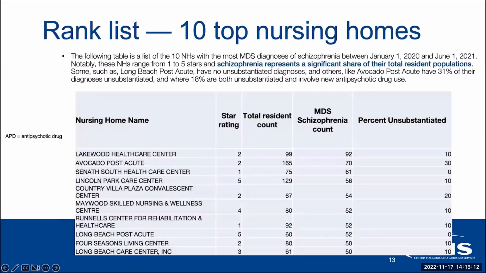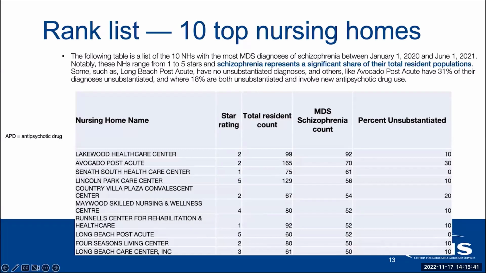In the process, we used different ways of exploring the data, pre and post stay, prescription and diagnosis events. So an intermediate product that we created was a ranked list of the top 10 nursing homes, or actually amongst those who have the greatest number of beneficiaries diagnosed with schizophrenia. And this also just shows how there was variance in the percent of unsubstantiated cases of beneficiaries who had a positive indicator for schizophrenia.